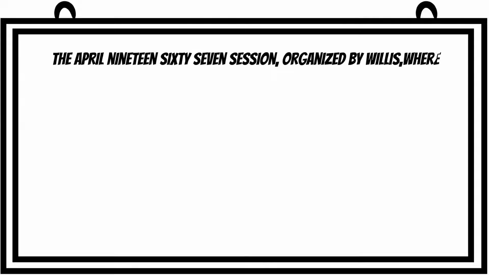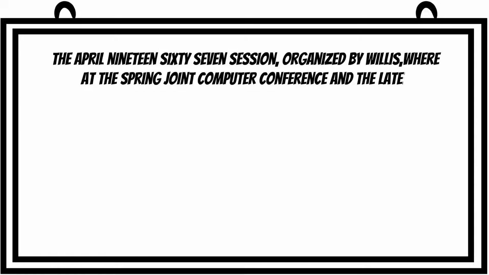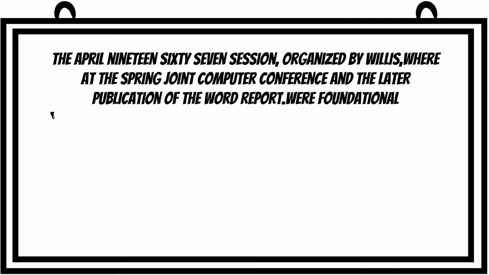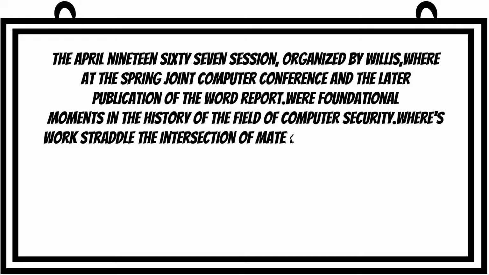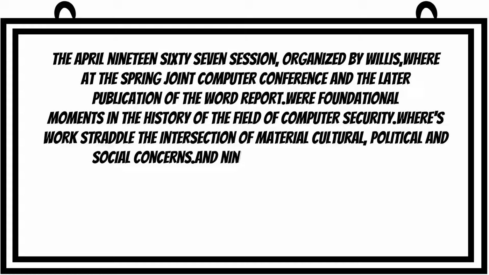The April 1967 session organized by Willis Ware at the Spring Joint Computer Conference and the later publication of the Ware Report were foundational moments in the history of the field of computer security. Ware's work straddled the intersection of material, cultural, political, and social concerns.